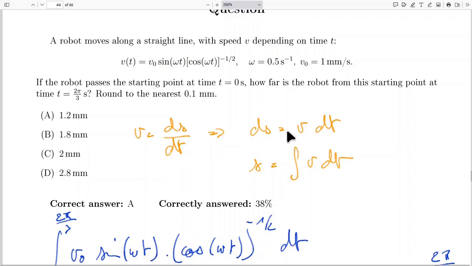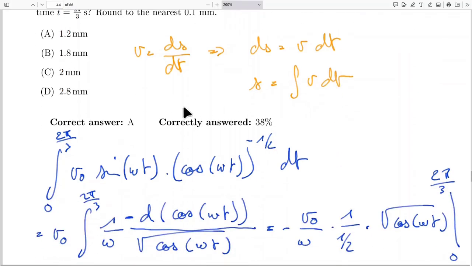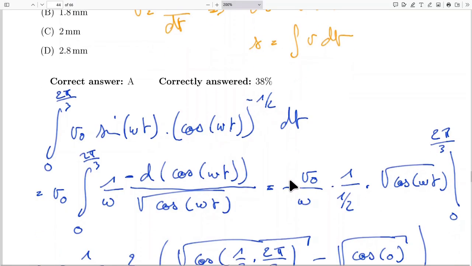If we integrate that between 0 and s for ds, you get s, and then the integral of v dt between 0 and t, in our case 0 to 2 pi over 3 of v0 times the sine of omega t times the cosine of omega t to the power minus 1/2 dt. This is obviously 1 over the square root of the cosine.